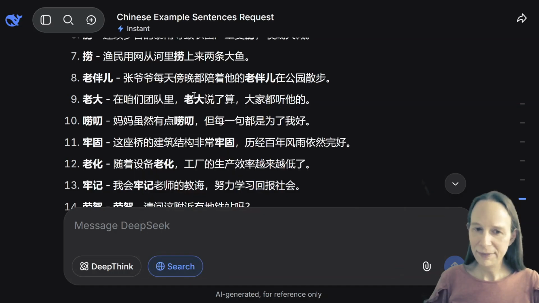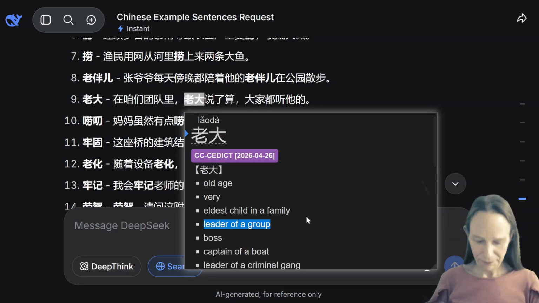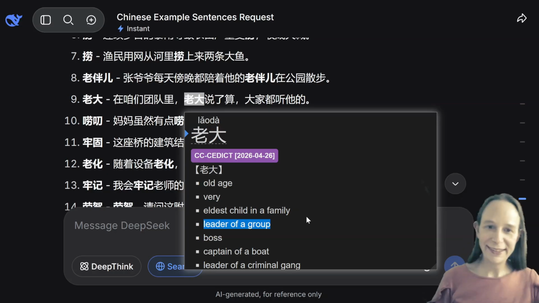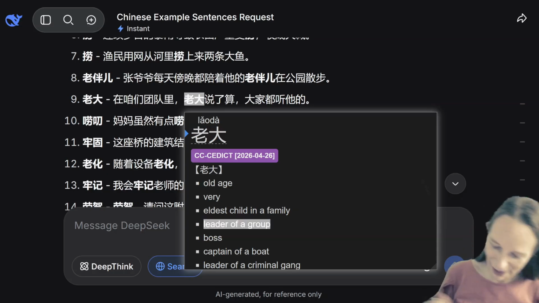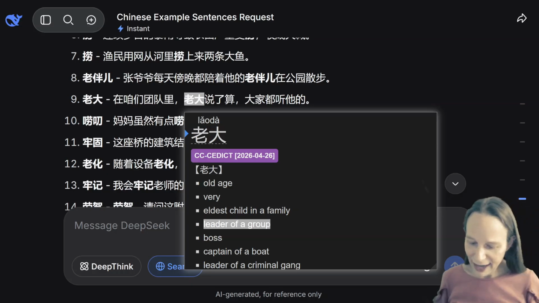This is a team, such as a workplace. Leader of the group. 老大. How come I don't know these words? 老 and 大 are both very simple characters. 老大. 年老. Okay.